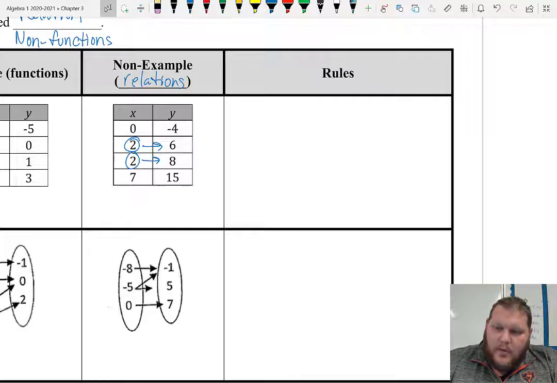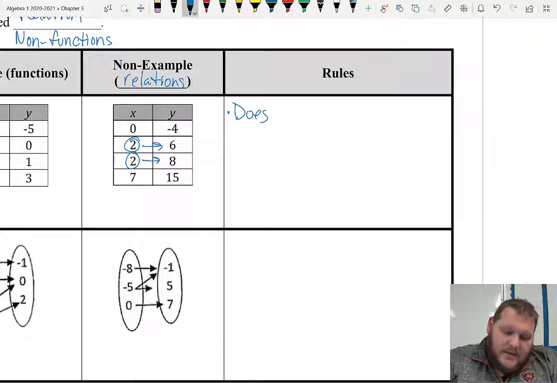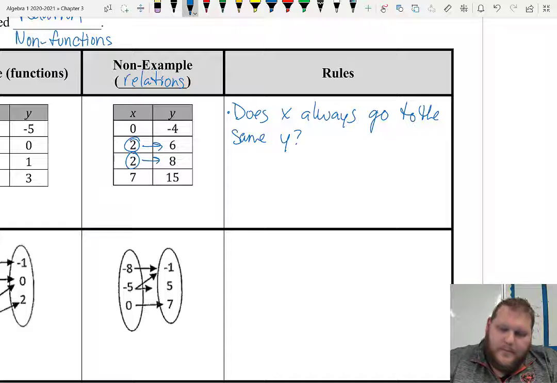So here for our rules, this is more so just reminders for ourselves. Does x always go to the same y value? If not, then it is not a function.